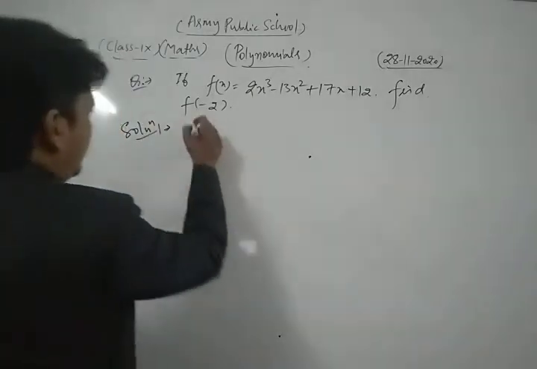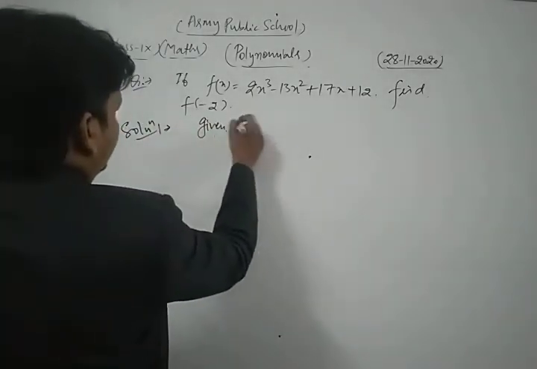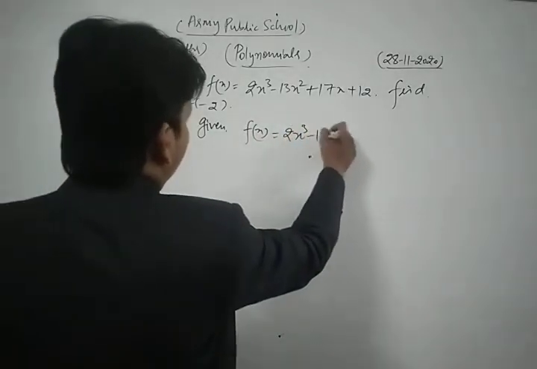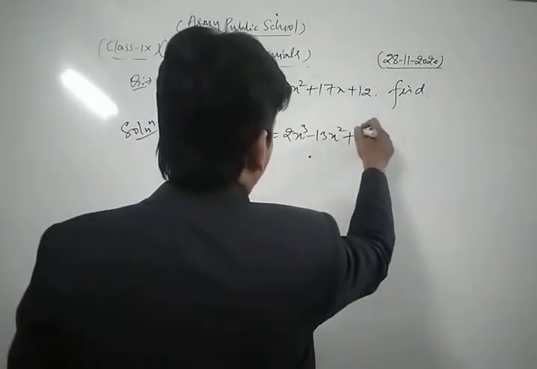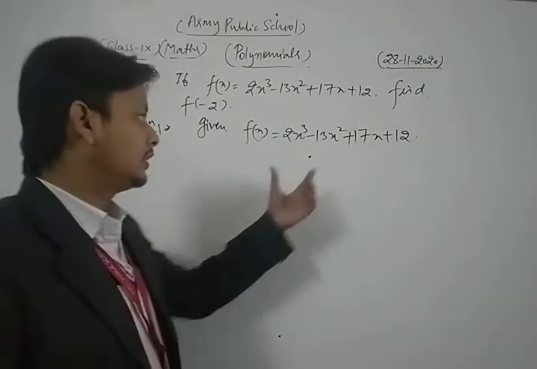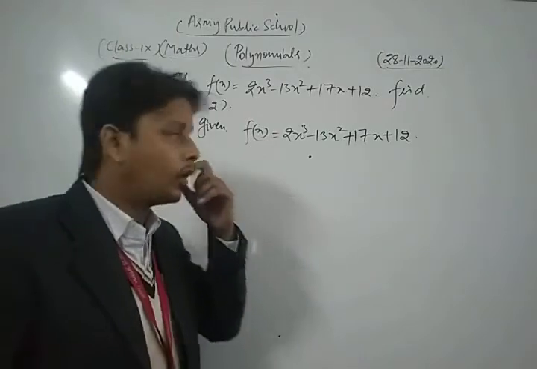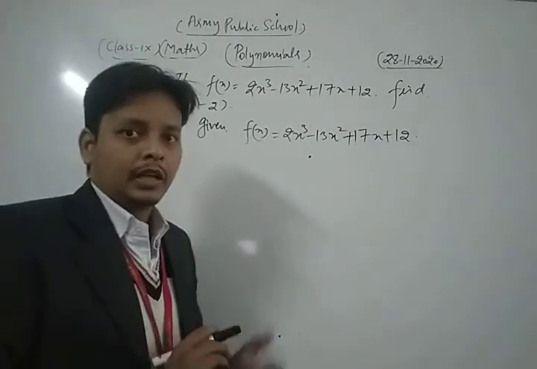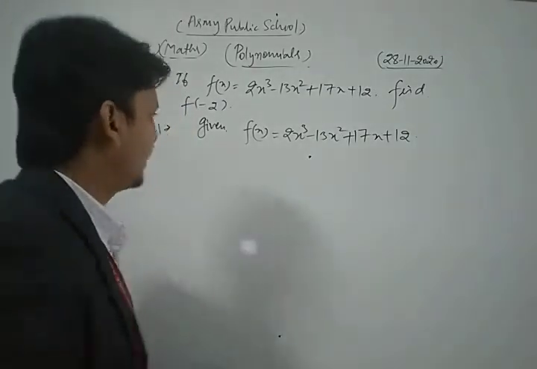Dear friends, first of all, we write the given polynomial. The given polynomial is f of x is equal to 2x cube minus 13x square plus 17x plus 12. Now we find the value of f of minus 2. We just replace x by minus 2.